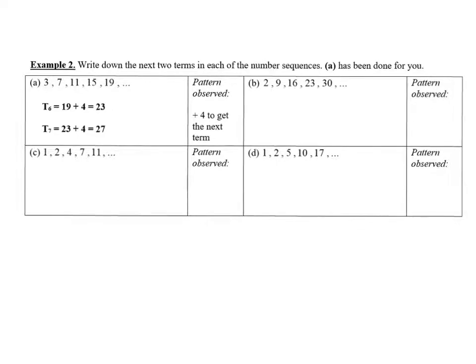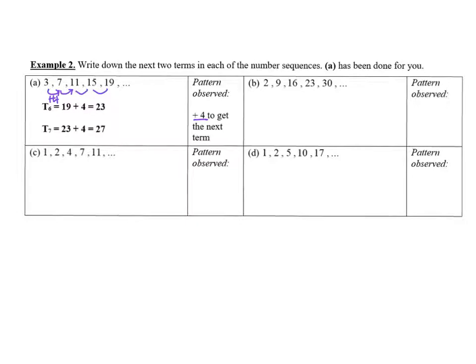How do we get from 3 to 7? We add 4. 7 to 11, 11 to 15, 15 to 19. We all add a 4 to get to the next term.